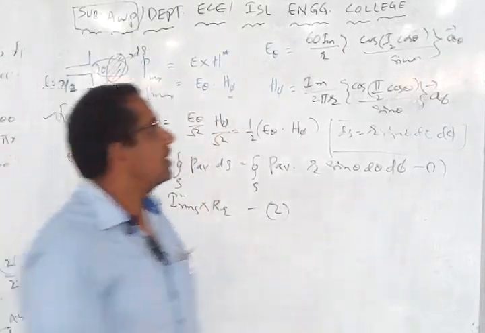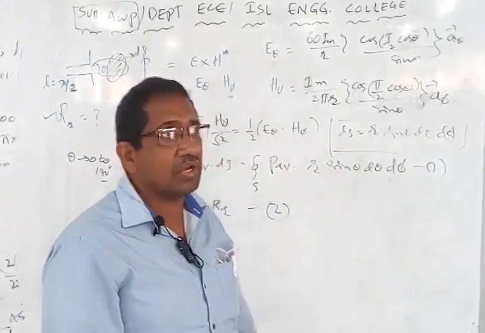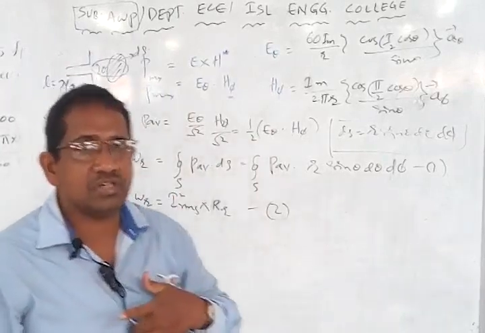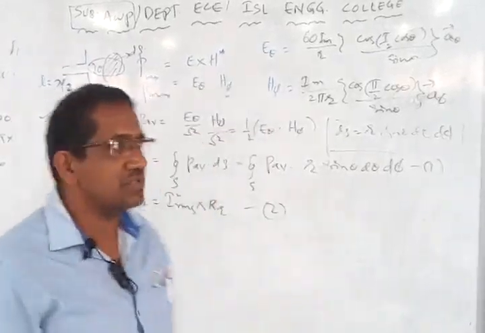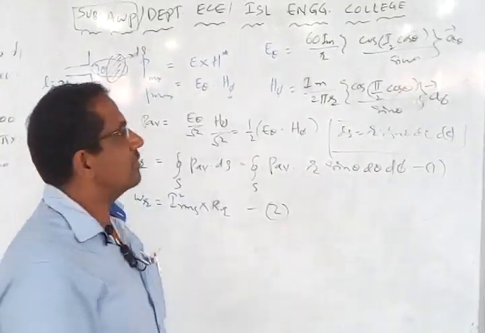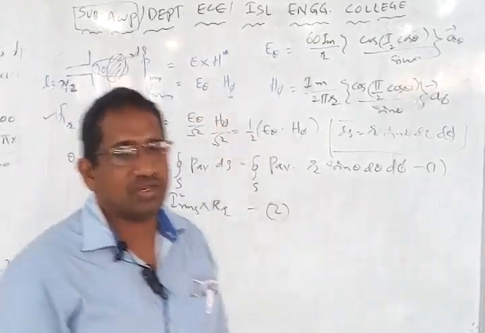Now you should remember these two formulas, which are very, very important: E theta and H phi. The derivation of E theta and H phi is a very big derivation. It takes around 3 to 4 pages. But in the examination, the problem is asked directly to solve for 5 or 6 marks.